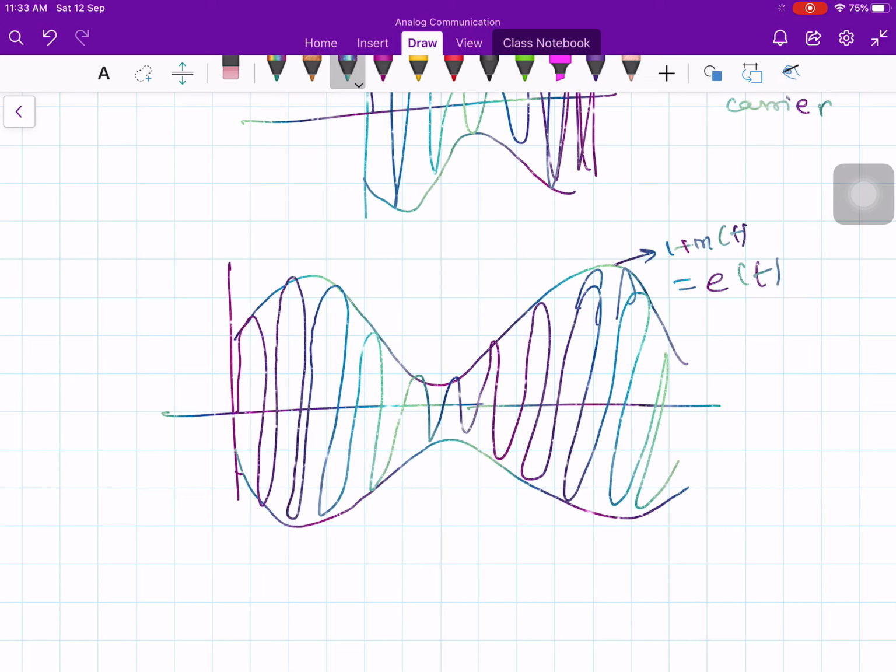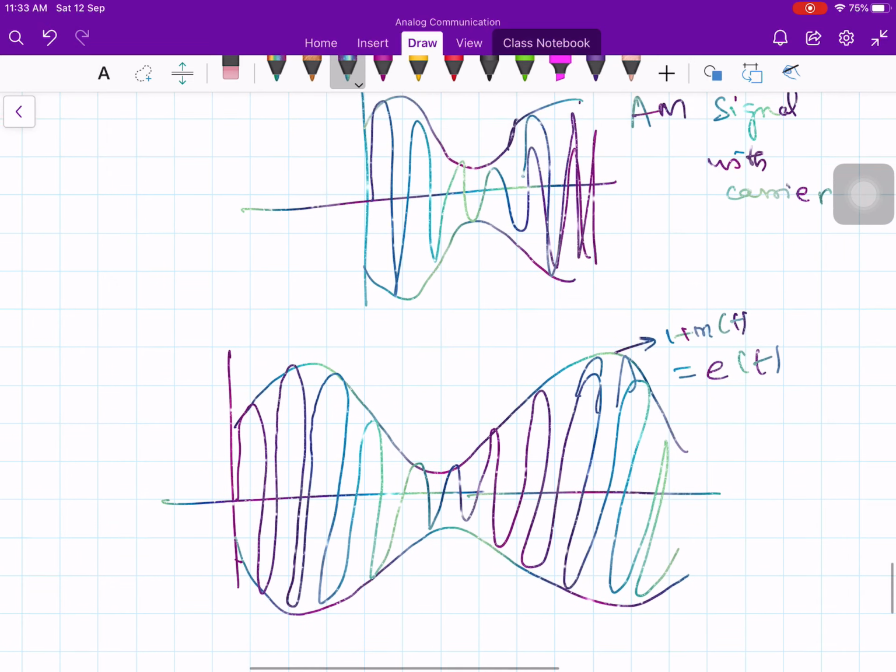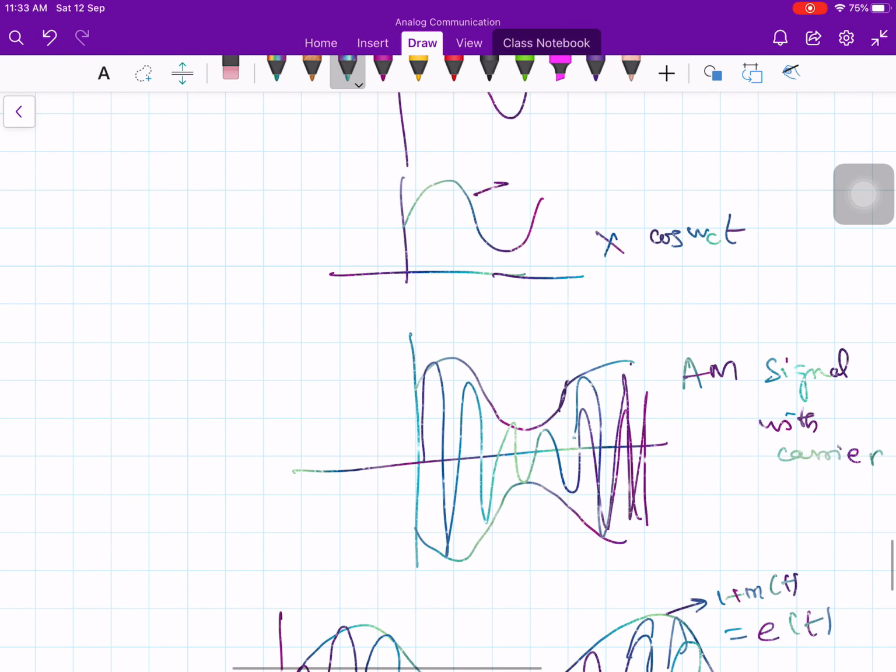So what we are saying is, you have a low frequency sine wave, this one. Just for the sake of illustration, we never use a sine wave as a modulating signal, as a message signal. So don't think that we are going to use this sine wave as a message signal. The message signal is always your speech signal. For understanding purpose, I am taking the sinusoidal signal. So I have a low frequency sinusoid here.